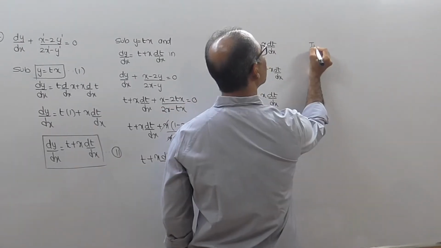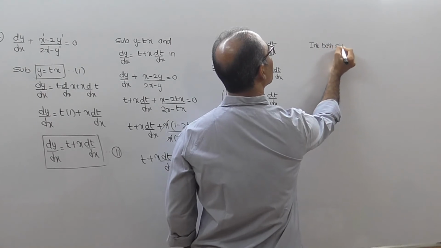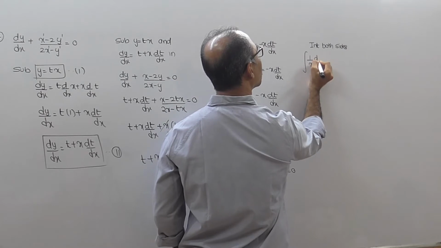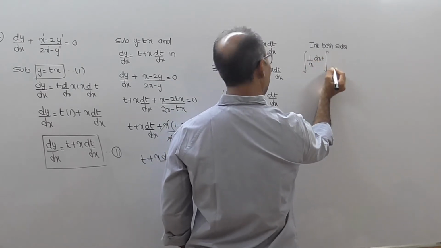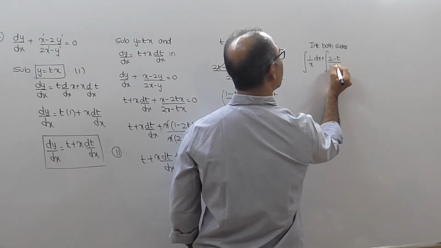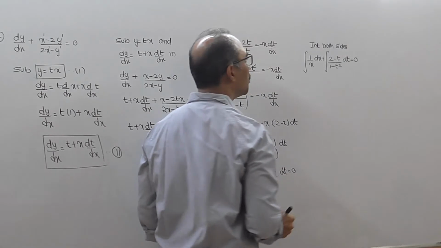Now what we can do is, we can integrate both sides. If you integrate both sides, you get integration of 1 upon x dx plus integration of (2 minus t) upon (1 minus t square) dt equal to 0.